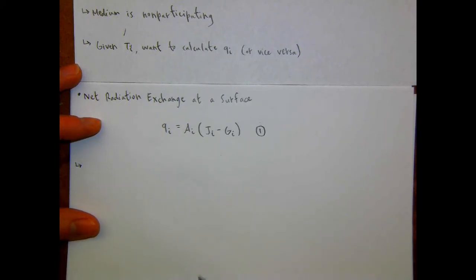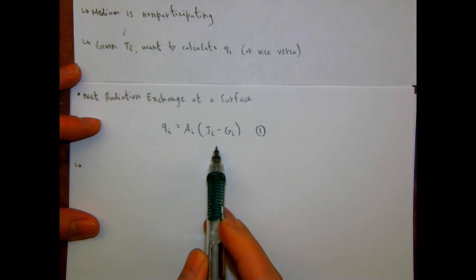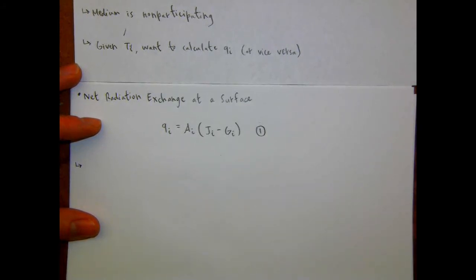And again, you can think of this net radiation exchange as the amount of heat that would have to be either gained or lost by an external source for that surface to maintain its constant temperature, since there is net radiation exchange within the enclosure.